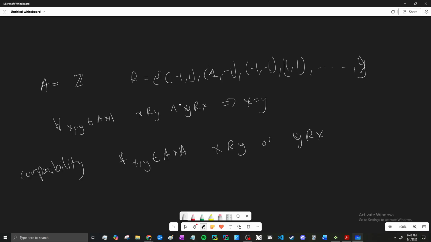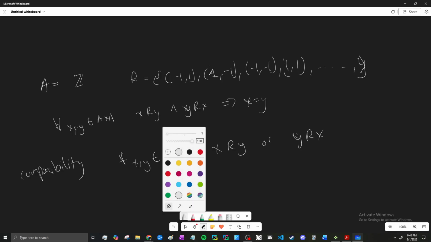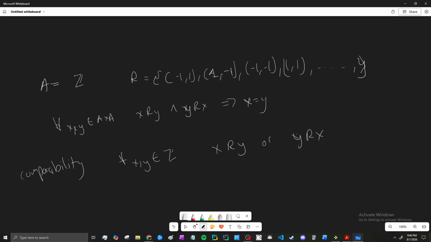Remember, x and y are in the set of all integers. Let me think for a second. We do know that it's comparable if this is true.